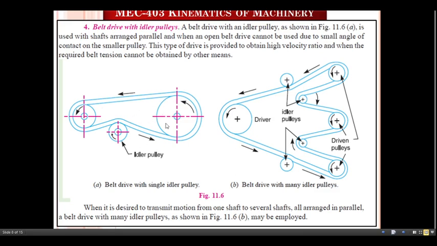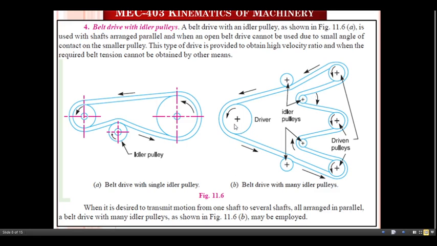This type of drive is provided to obtain a high velocity ratio, and when the required belt tension cannot be obtained by other means. When it is desired to transmit the motion from one shaft to several shafts, all arranged in parallel, a belt drive with as many idler pulleys is used.